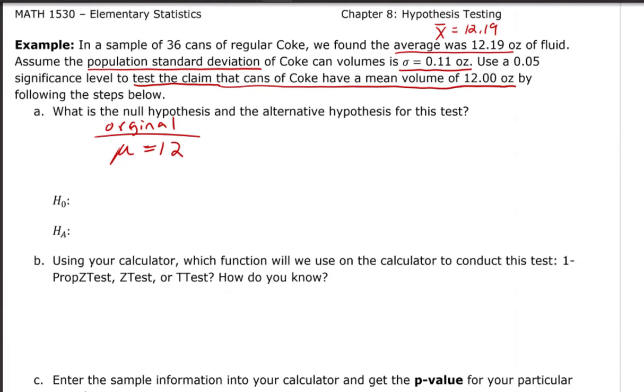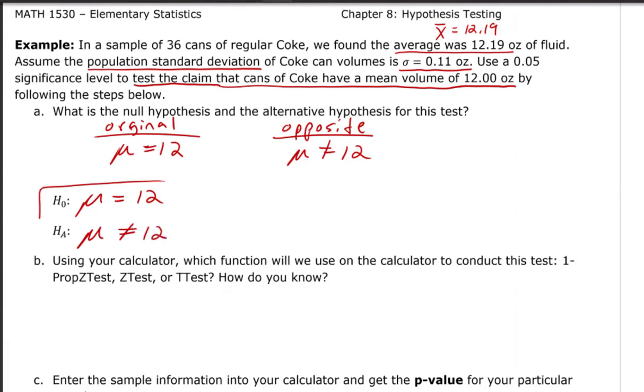Which means my opposite will be not equal to: mean is not equal to 12 ounces. Since that's equal and not equal, your null hypothesis will be equals 12, and your alternative hypothesis will be not equal to 12. So there's your null and alternative.